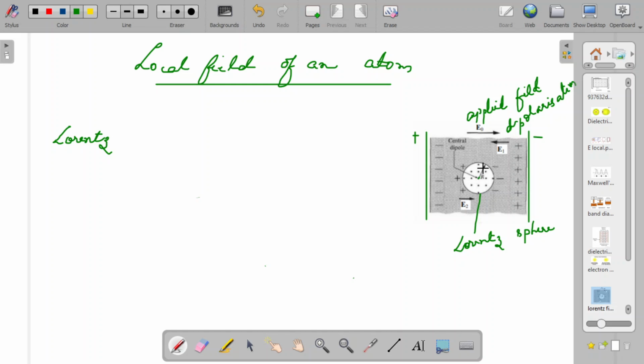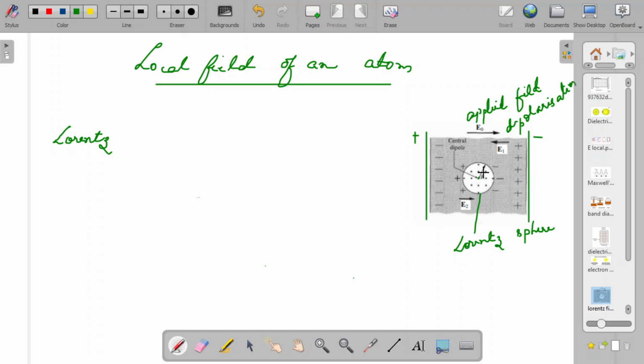And you can see that on the surface, because of the negative charges on the surface as a whole, if you look macroscopically, positive charge is getting collected on this side of the sphere, and negative charges are getting collected on the right side of the sphere because of the positive charges on the dielectric material.